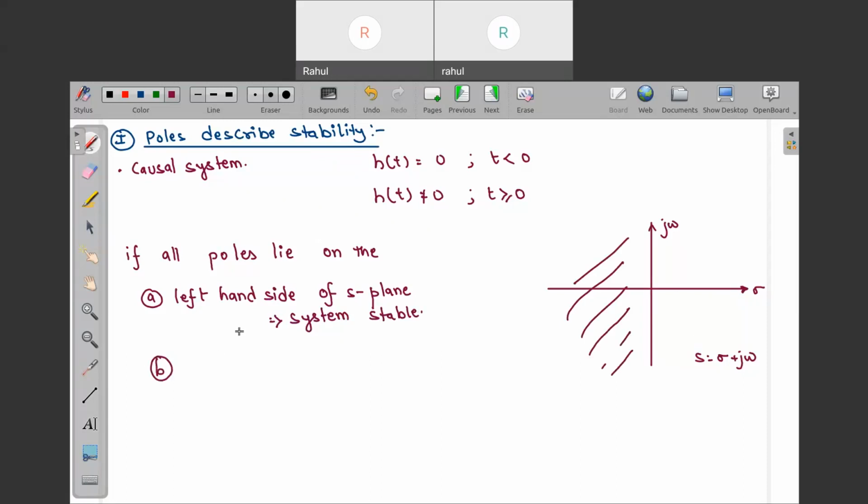Next, if all poles lie on the imaginary axis, imaginary axis means on this axis. One thing I forgot to tell you: poles are represented with a cross and zeros are represented like this. If all the poles lie on your imaginary axis, then your system is marginally stable.